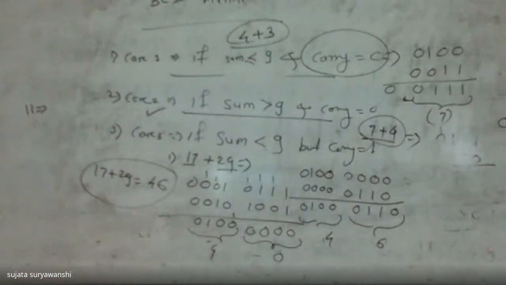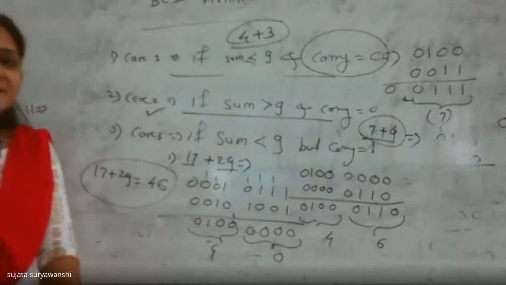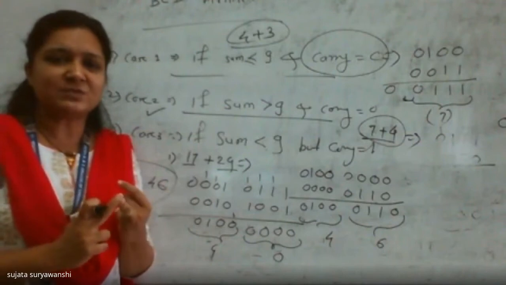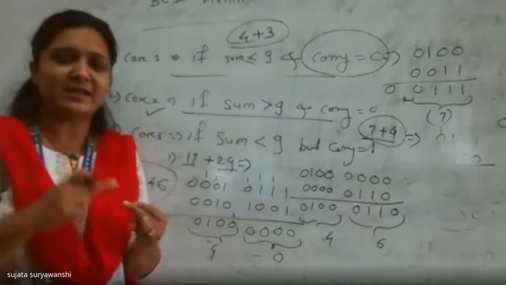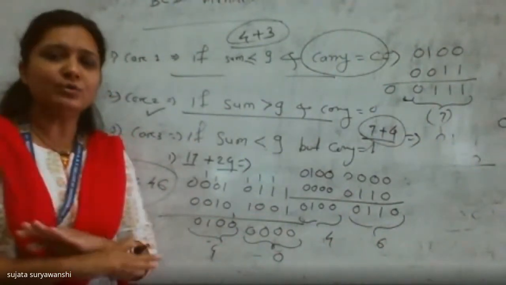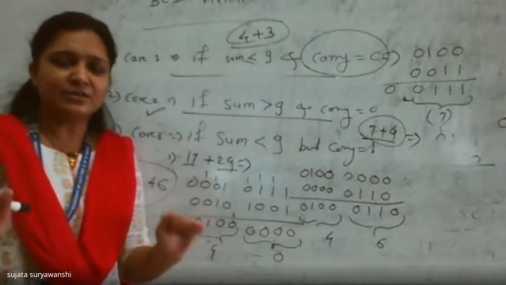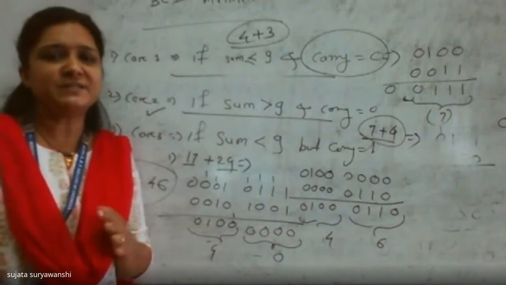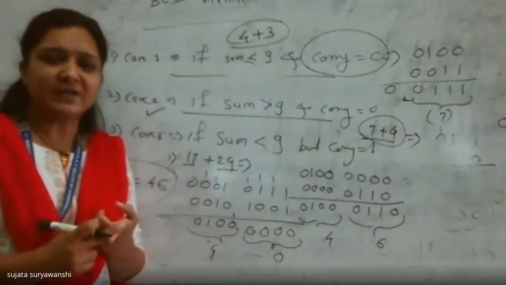Means when you do BCD arithmetic, 3 different cases can occur. First case is what? If your sum is less than 9 and carry is equal to 0, no need to add 6 into your result, as your result is in a valid BCD format. Then the second case is what?